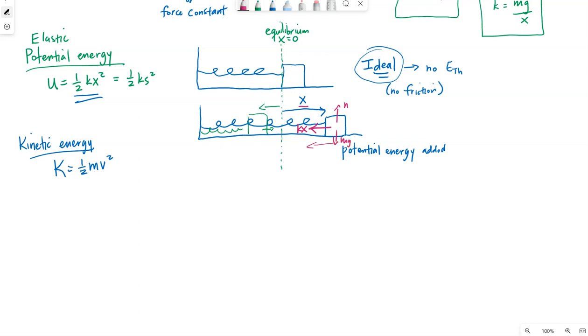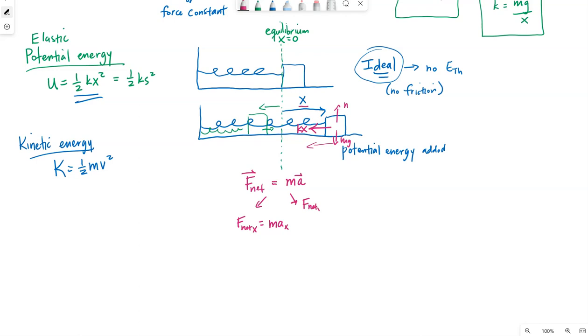But because we're talking about motion along a horizontal surface, the normal force and the force of gravity are not doing any work. And so in terms of talking about the net force on this block equaling mass times acceleration, so Newton's second law, if you recall, because of the nature of vectors, we had to add the forces in just the x direction to determine the acceleration in the x direction.